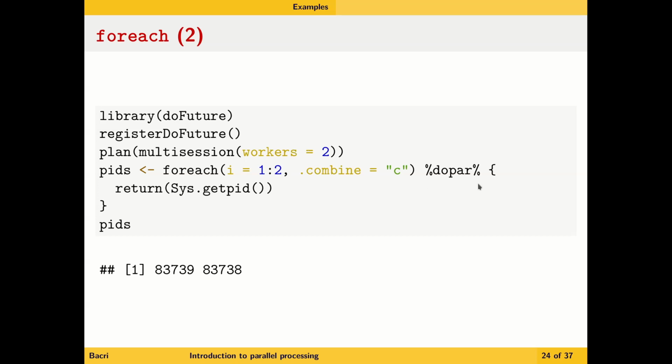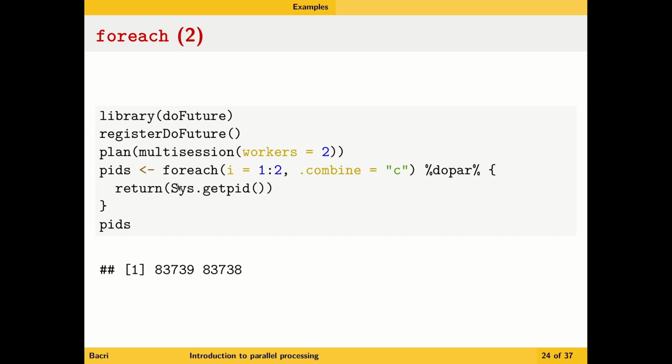And then if I replace %do% with %dopar%, then 2 processes have been used. So this example is trivial, but the idea is to show how a minimal example works. Load doFuture, register, plan how you want to do the parallel processing, and then %dopar%, and it works.